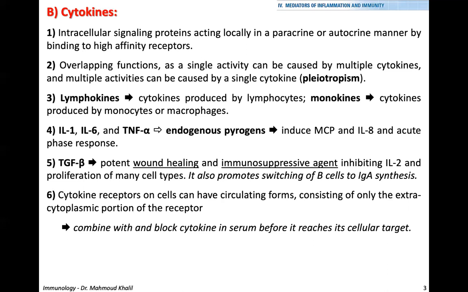So it's a mechanism of inhibiting the action of cytokines in case the body no longer wants their action and it has concluded. The exoplasmic part of the cytokine receptor can detach, circulate, and bind to the cytokine, so it will inhibit its action.